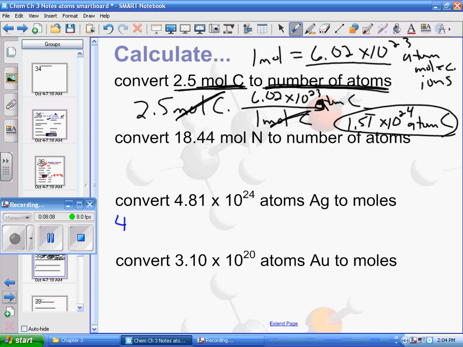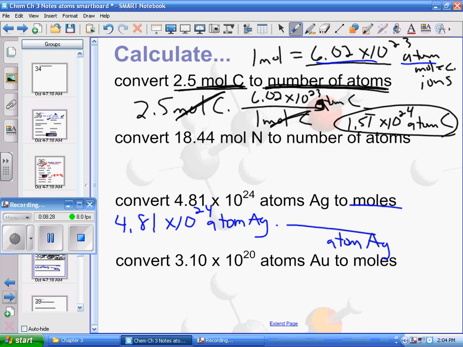Now I'm going to take 4.81 times 10 to the 24th atoms of silver. And I want to convert this now to moles. So atoms of silver on the bottom, there. Again, if I have this in atoms, I notice I match the numbers up. 6.02 times 10 to the 23rd.